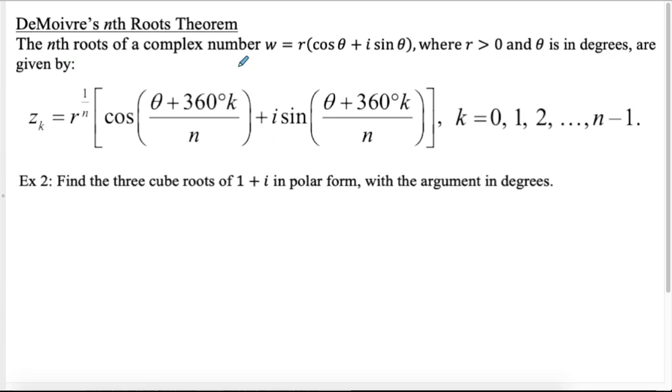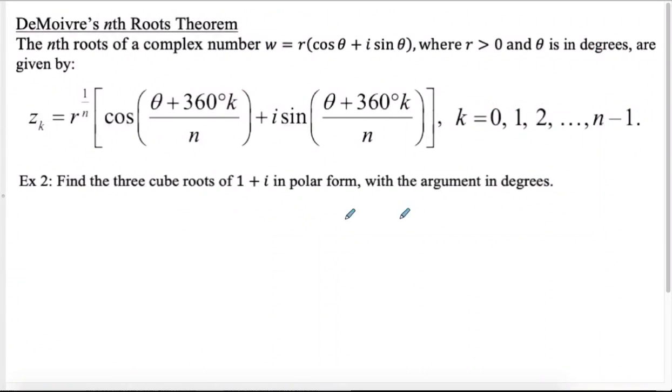If I want to find the nth root, and in our example we're going to look at the cube roots of this complex number, 1 plus i, what we're going to do is raise our r value to the 1 over n power, and then take the cosine of theta plus 360k, and our k values start at 0 and go all the way up to n minus 1.